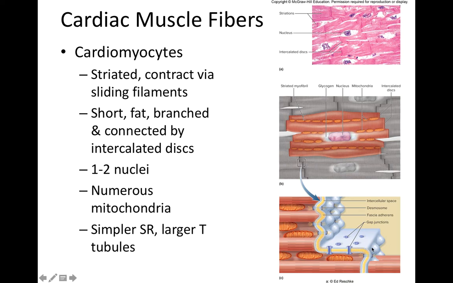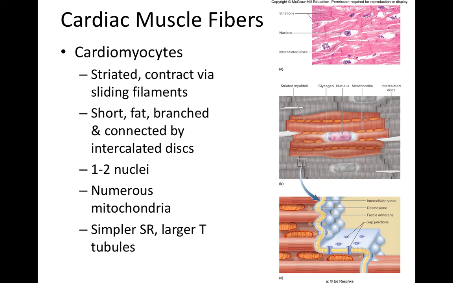Gap junctions allow the signals to pass very quickly from one cell to another. So this is a very important structure in the intercalated discs. Now the egg crate pattern, if you will, increases surface area, so you have more surface area for the cell junctions to occur on and hold the cells together.